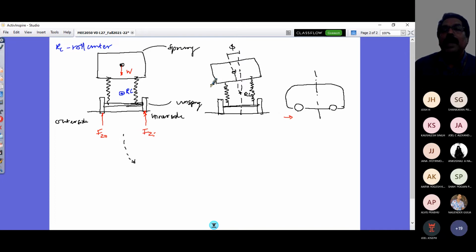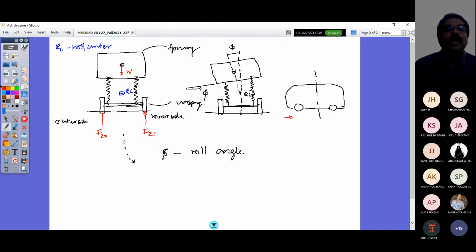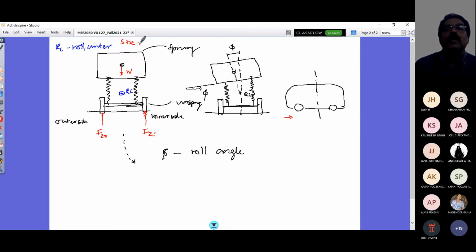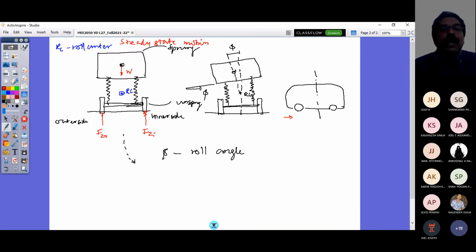That means this angle here is the roll angle. So what is phi? It is the roll angle. The motion that I'm going to consider in our study is steady state motion again.